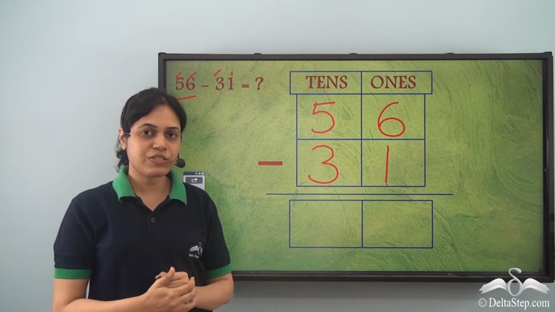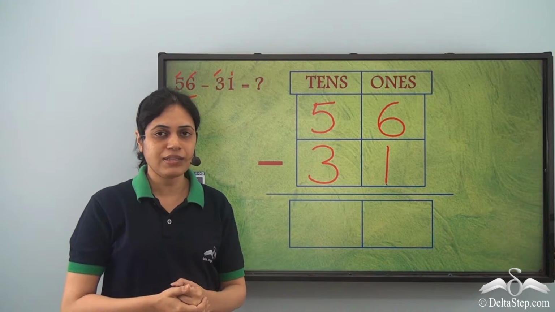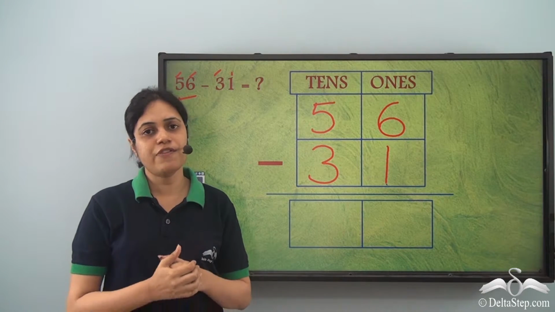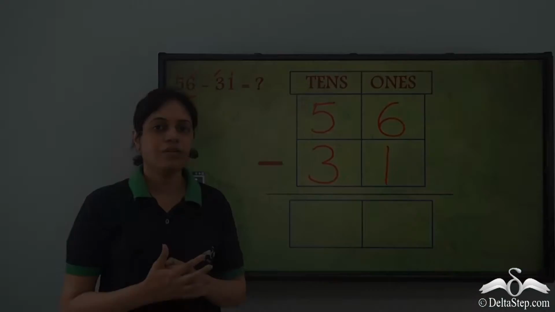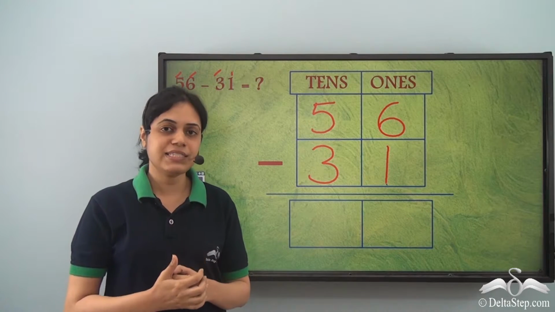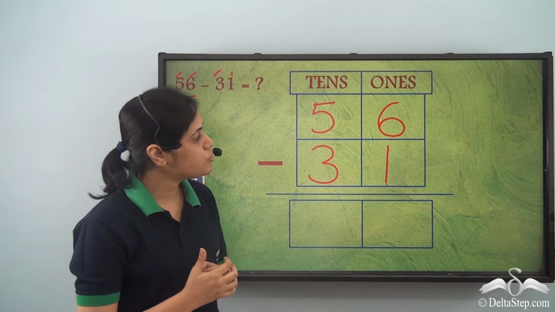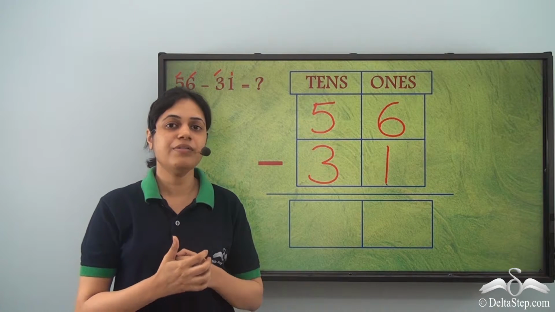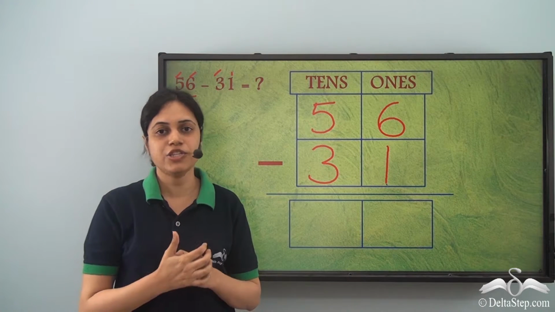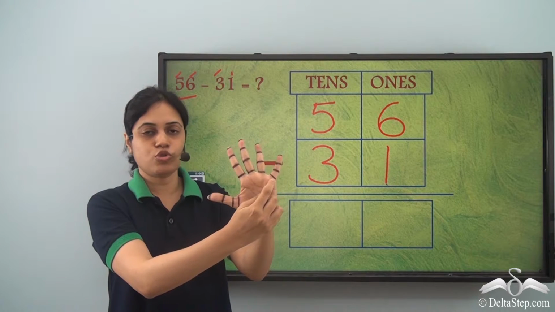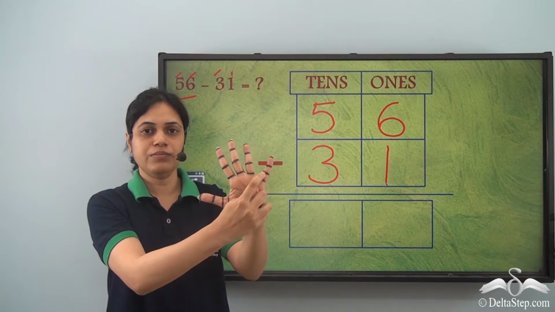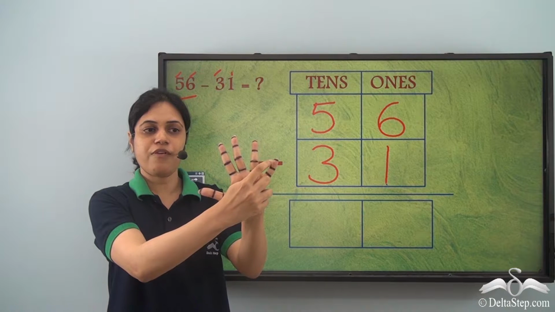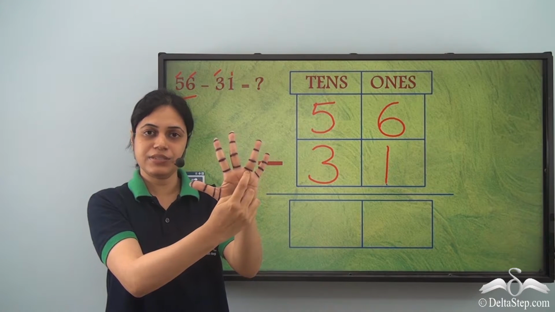Now 6 minus 1, let's use finger marks. You can also use your fingers for subtracting it. Whatever is more easy for you. So 6 minus 1, I need to start with the number which comes after 1, that is 2. So 2, 3, 4, 5, 6.